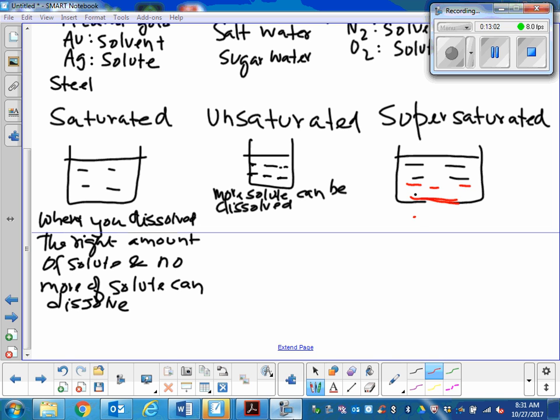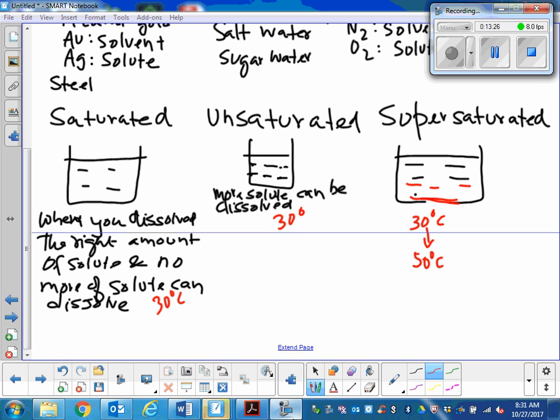Let's assume a temperature. Let's say it's 30 degrees Celsius. All right? All these three are at 30. All right? So the way you bring about a supersaturated solution is you increase the temperature to what? To 50 or so. And then now can you add more of the salt and dissolve it, correct?